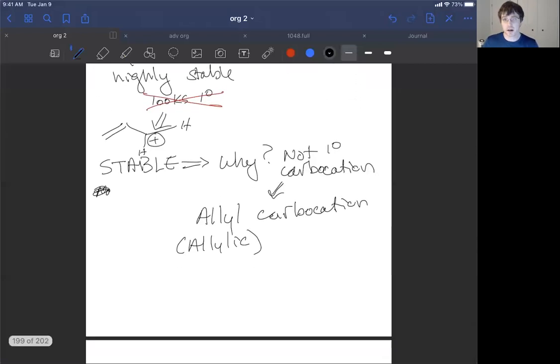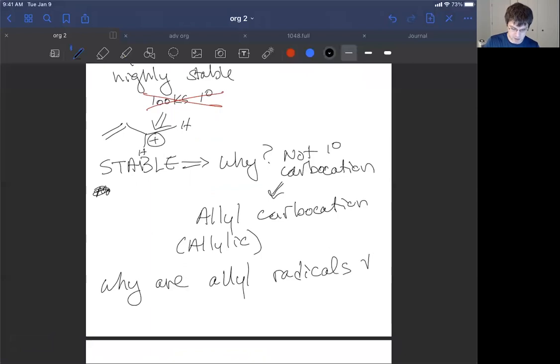Now, why are these allyl systems so stable? And let's specify radicals and cations. So why are allyl radicals and allyl cations so stable?